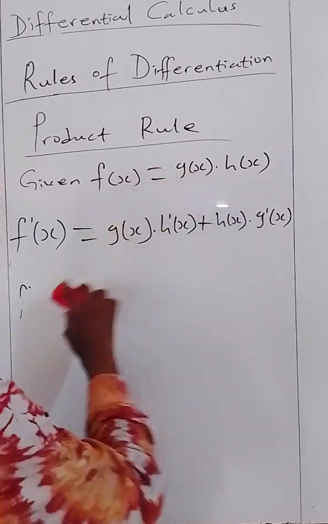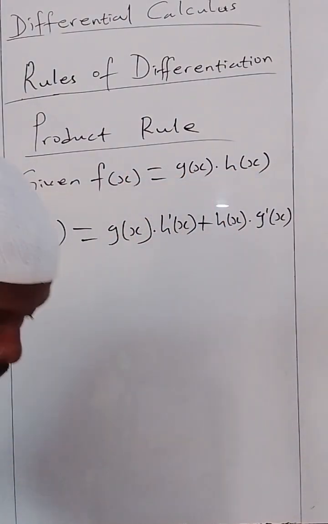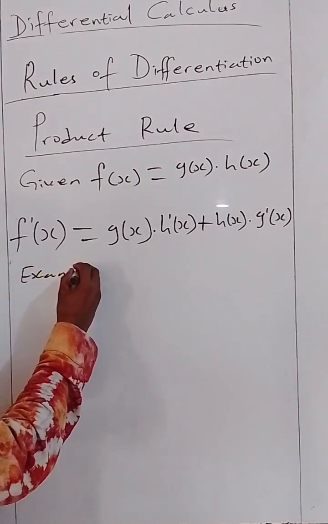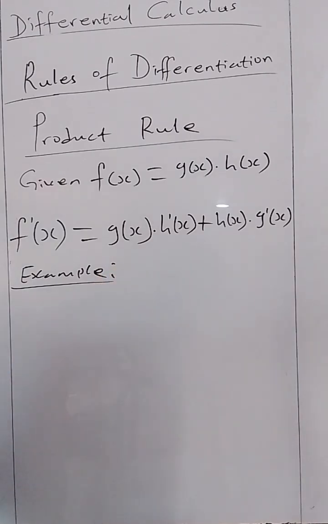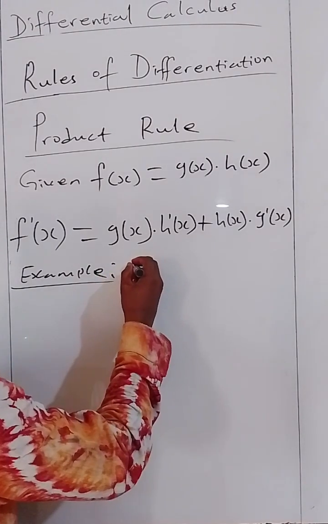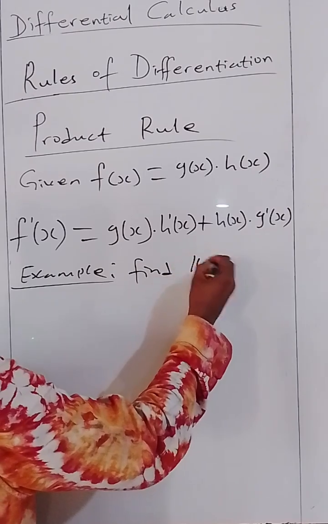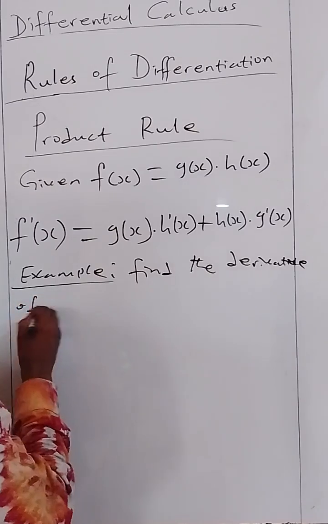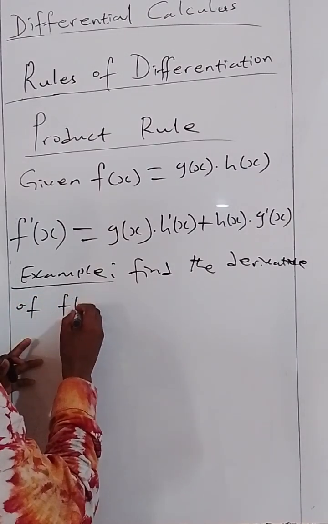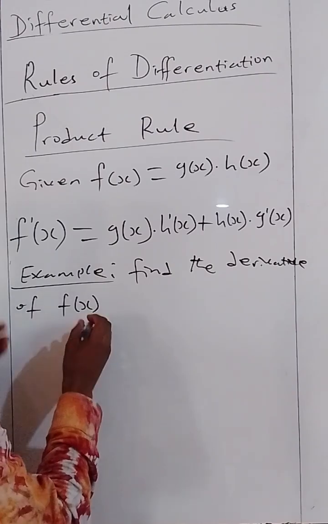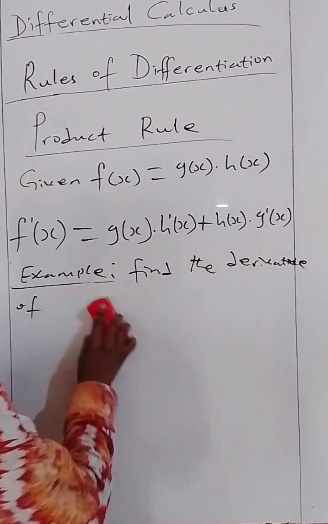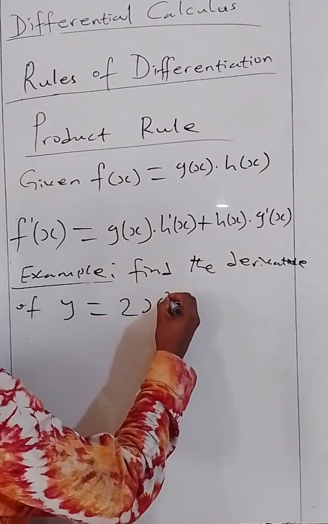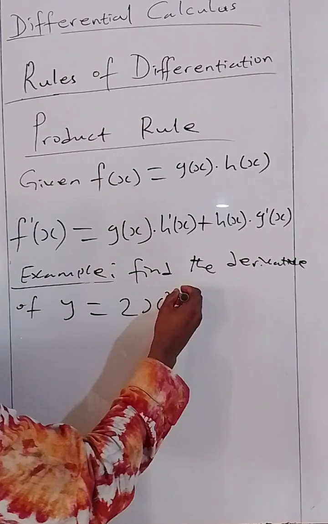So let's maintain this first. Now, let's say we have this example. I have to find the derivative of, let's say, y equals 2x squared, then in brackets 2x minus 5.